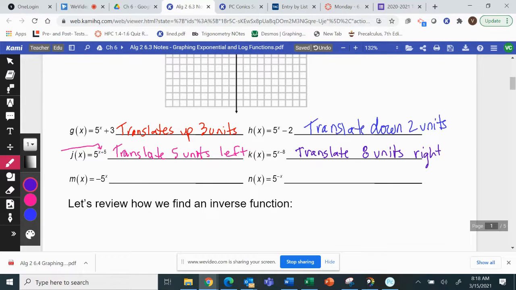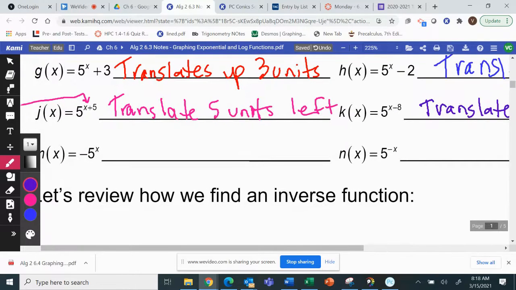All right, the next 2 of these have a negative sign, and they're in different places. The first one, Amar. The first one has a negative sign out front of the 5. Is that going to be vertical or horizontal? That is going to be vertical.